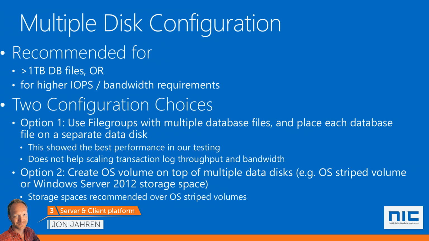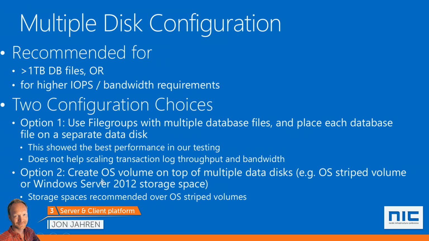The second option is to put an OS volume on top of the multiple data disks, so that SQL Server only sees one volume, but the OS then stripes over this. But OS striping has now been deprecated in Windows, so we don't recommend that anymore. The new technology here is Windows Storage Spaces.